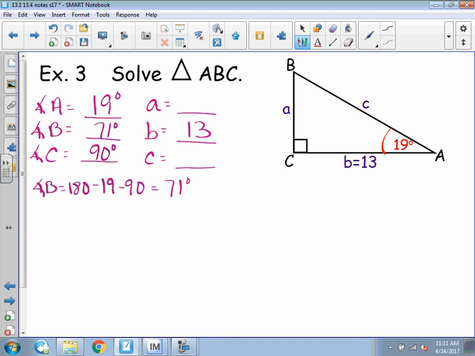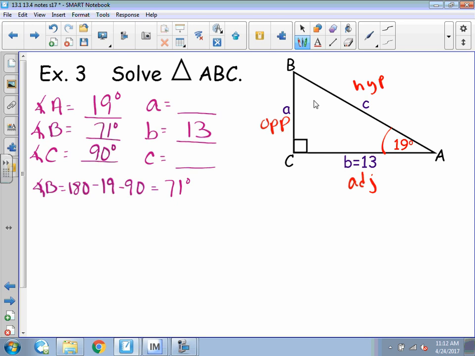So what is A in reference to 19 degrees? Opposite. What is B? And what is C? Okay? So if we're going to solve for A, what trig value am I going to use? Tangent.